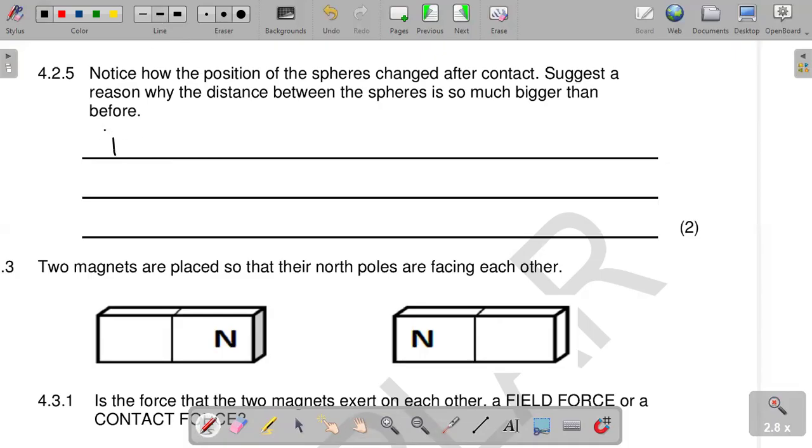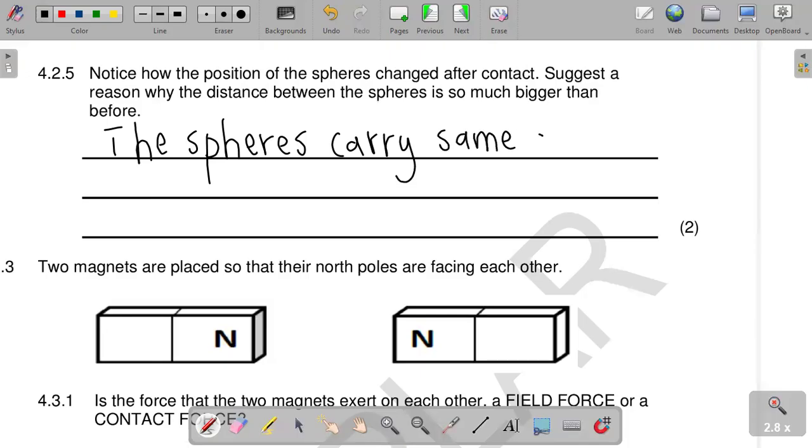The spheres carry the same charge after contact.